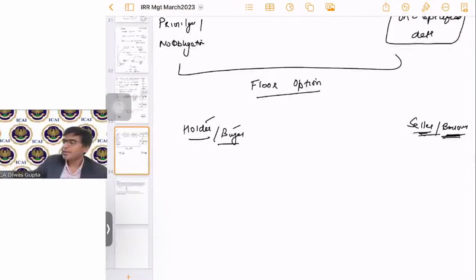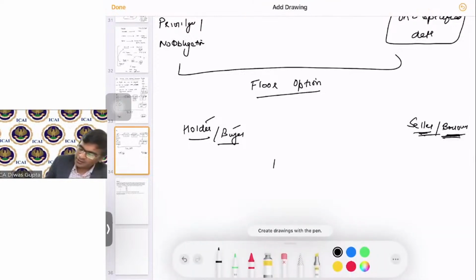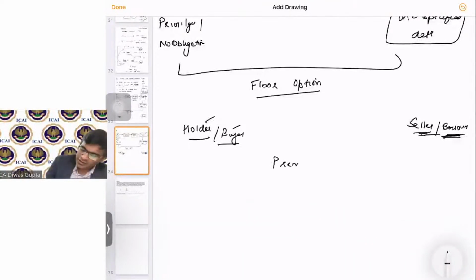Now let's try to understand it through some figures. As I told you, there is a premium also that will be charged by the seller, or whosoever is writing the contract. Correct?